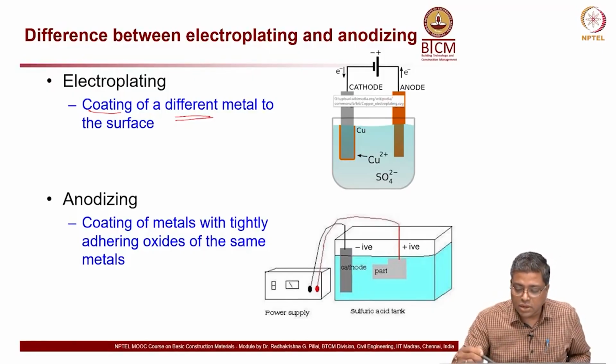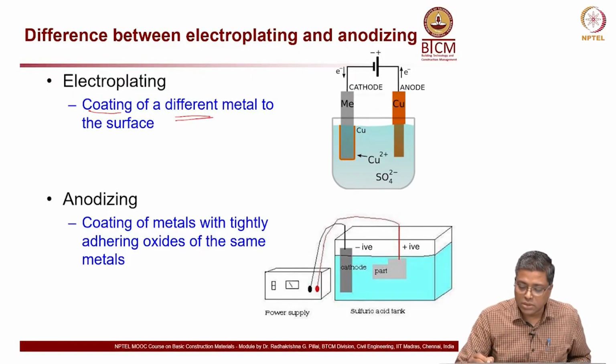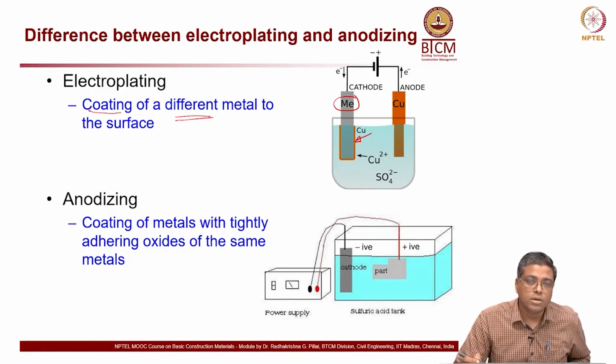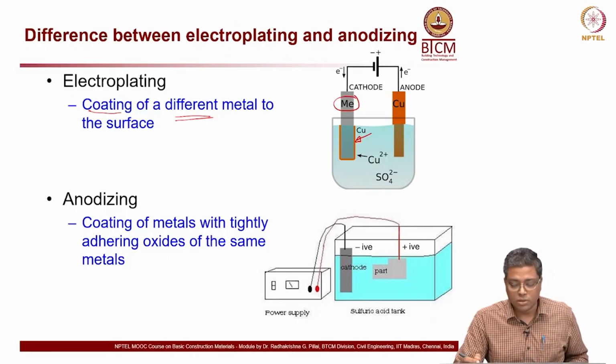So, on the top right, you can see, if this is the metal which you want to coat, in this particular example copper is coated onto the metal which needs to be protected. Okay. So, any metal Me can be coated with copper. That is what we mean when we talk about electroplating.